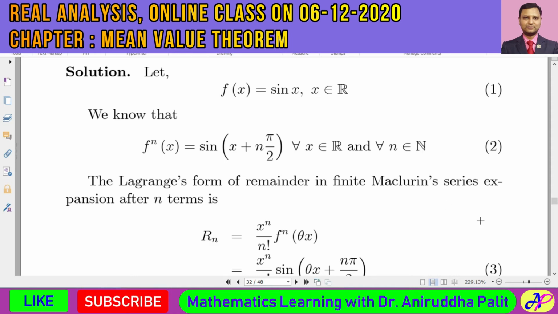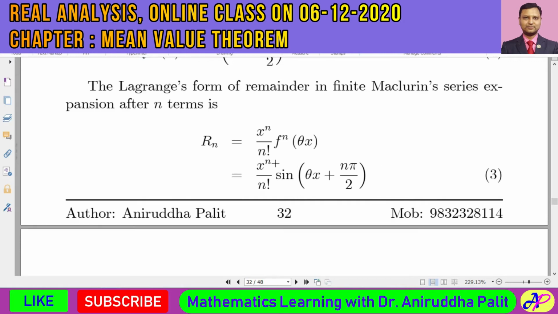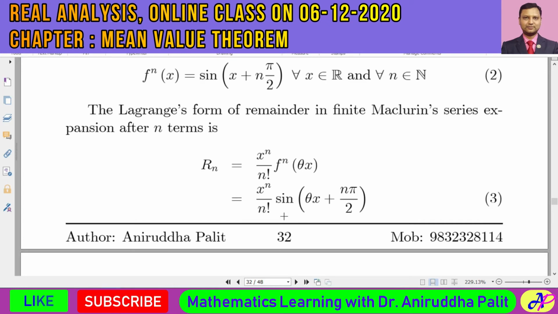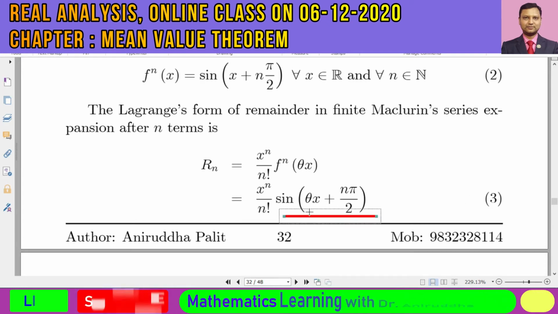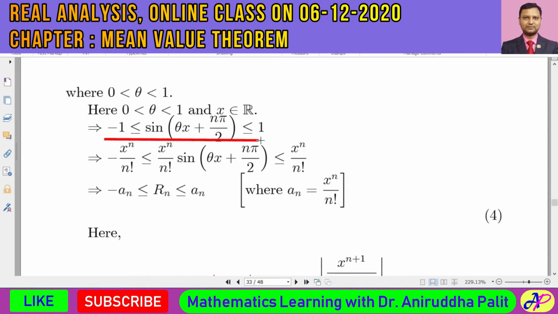And what is Lagrange's form of remainder here? Lagrange's form of remainder is equal to this kind of expression fn(theta x). Just by putting x equal to theta x, we got this result. And again we know that sine of any quantity, sine of theta x plus n into pi by 2, always lies between -1 and +1.